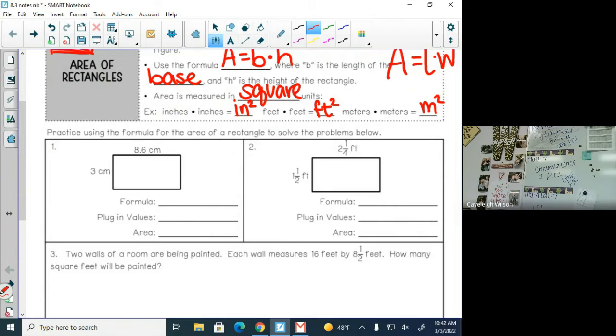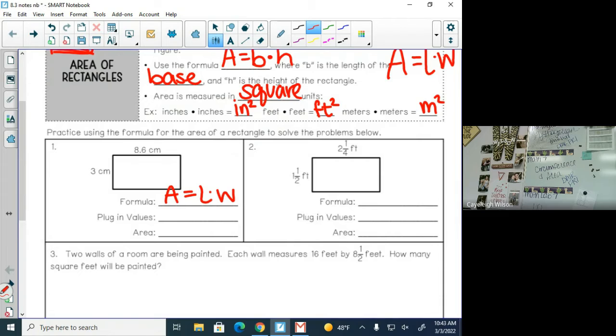It says practice using the formula for area of a rectangle to solve the problem below. So it gives me a rectangle, and I know that the formula for area of a rectangle is either length times width or base times height. Like I said, I like length times width. And here's my question.